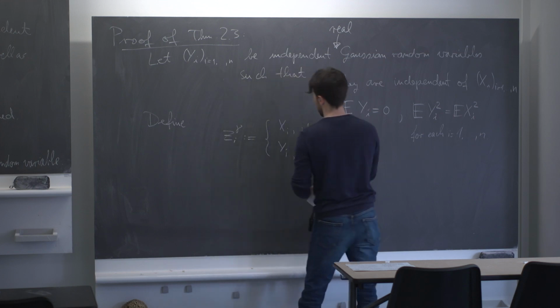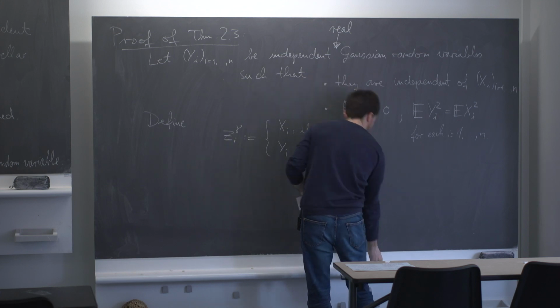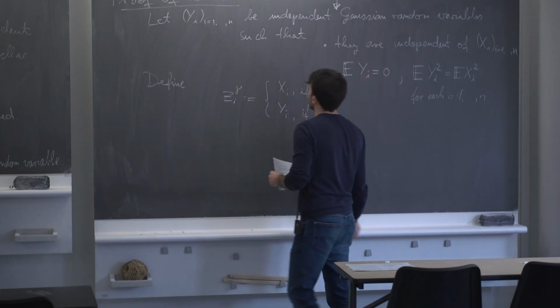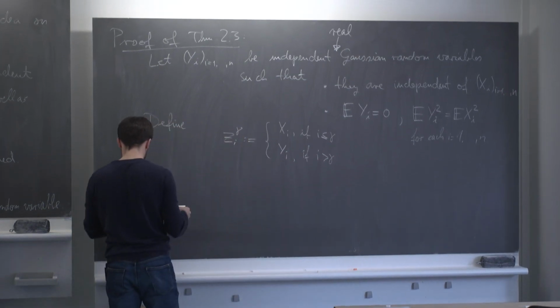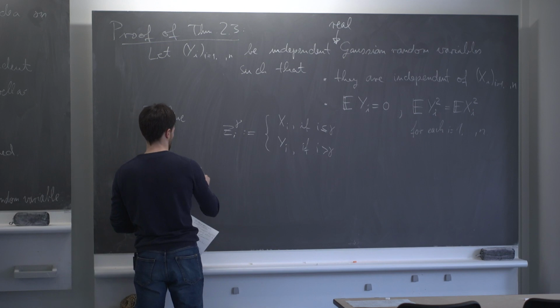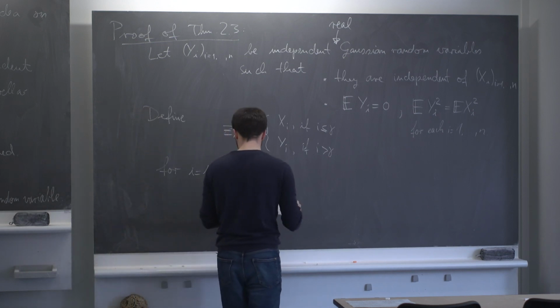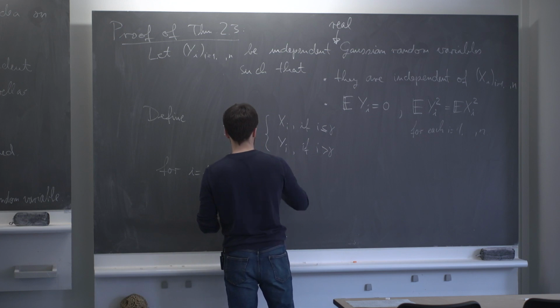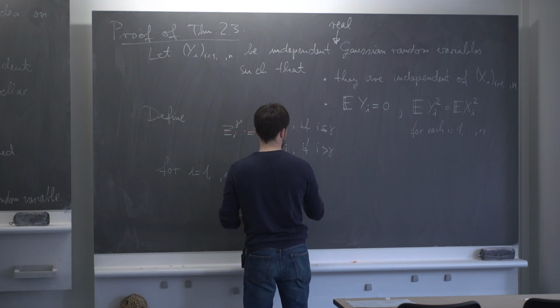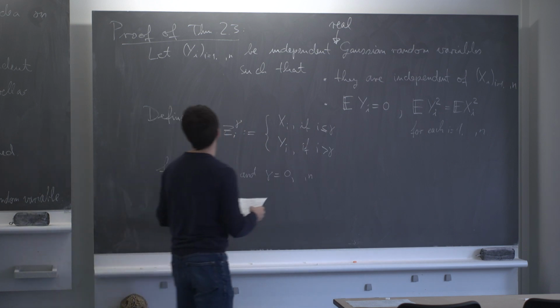If the i is small, I choose an xi, and if the i is big, then I choose a yi. The i will run from 1 up to n, and the gamma will run from 0 up to n. Okay, so this is the definition.